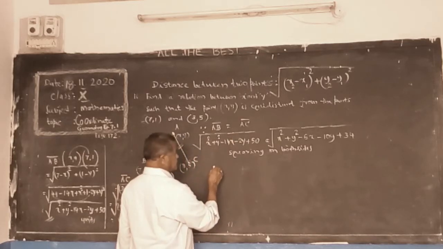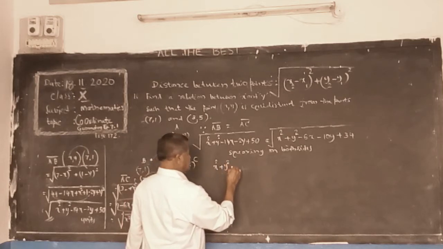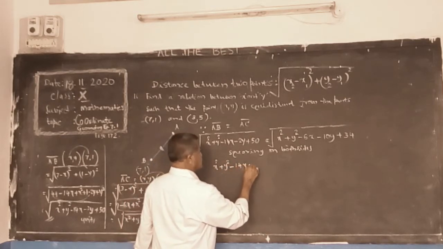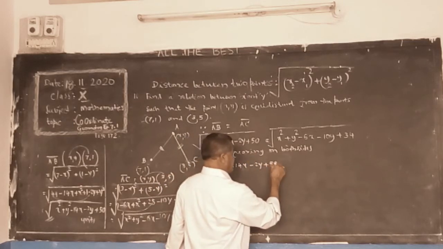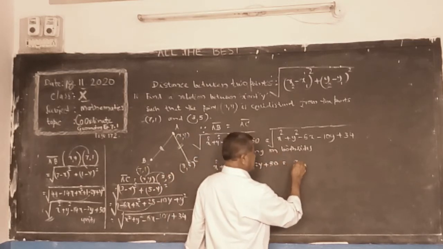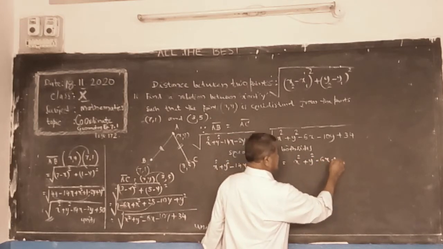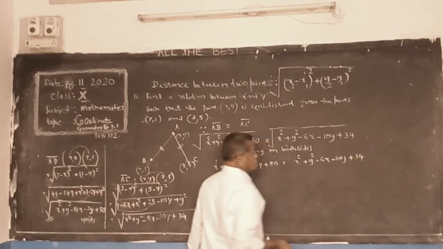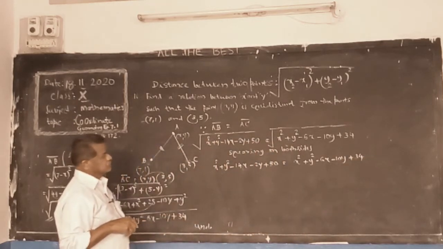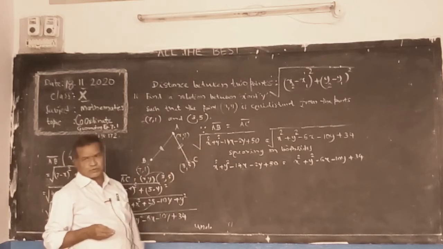Now what terms remain? x squared plus y squared minus 14x minus 2y plus 50 is equal to x squared plus y squared minus 6x minus 10y plus 34. On squaring, the square root is removed.